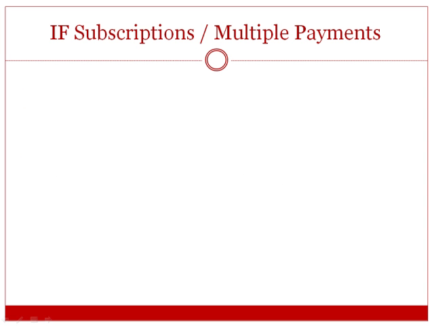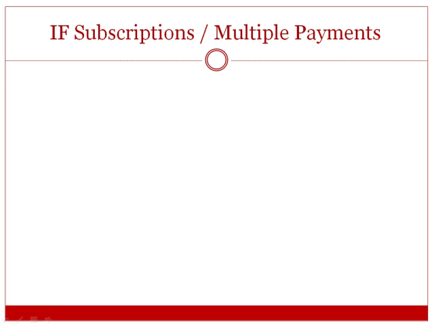Now, if your product is a subscription, then you can listen to this. Otherwise, you can fast forward to the next slide. So if you're charging, let's say, $17 a month, or you have a high-ticket product that is, let's say, $497 or $1,000, you can break it up into different payments.